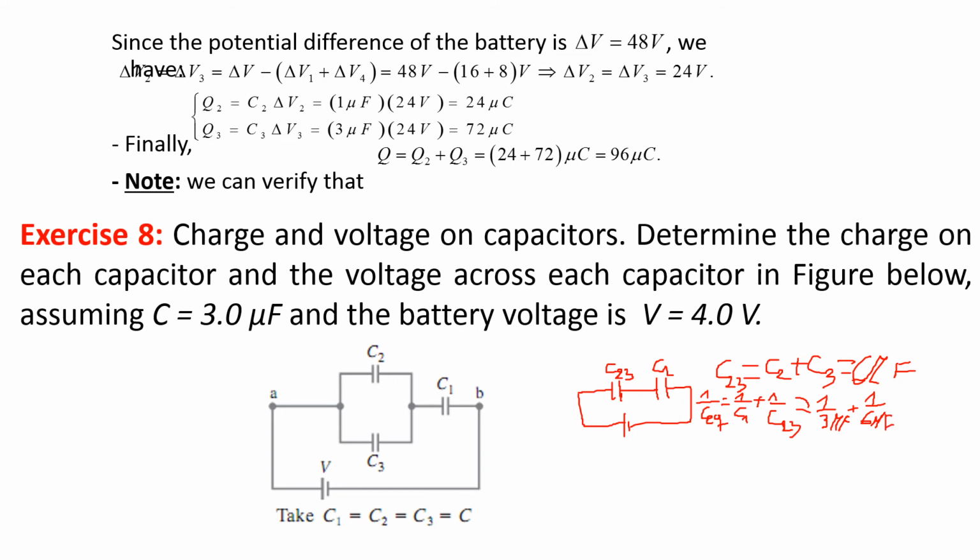Then the common factor is 6. 6 divided by 3 gives 2. 2 times 1 gives 2. 2 plus 1 gives 3. 3 over 6 equals 1 over 2. Then equivalent capacitance becomes 2 microfarad. We are done with the calculation of the equivalent capacitance across this circuit.